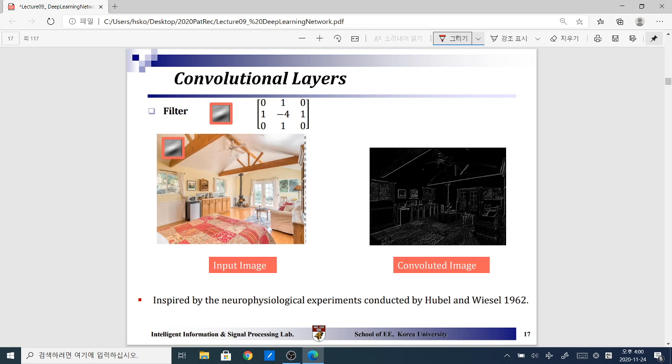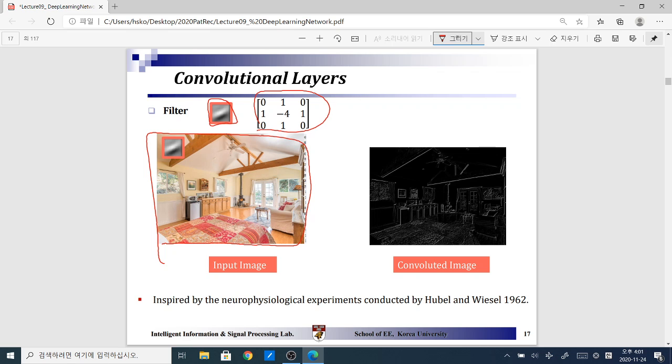So let's once again zoom into the convolution process a little bit deeper. Suppose, once again, you have an input image. What's a convolution? As I said, the CNN involves pairs of convolution as well as pooling processes. Convolution is to have, let's say, a filter like this, and then perform convolution.